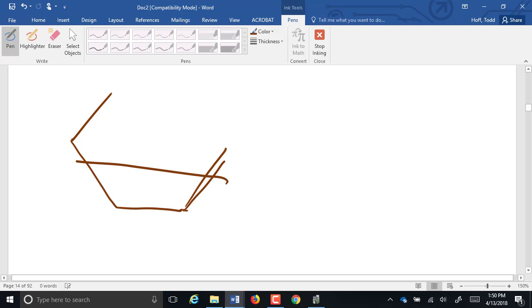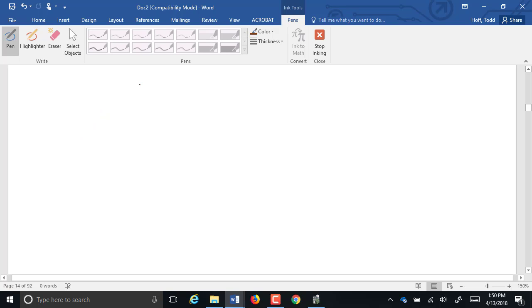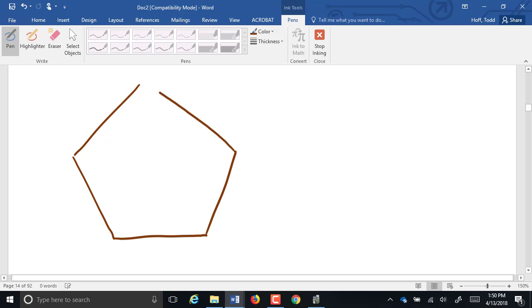I hope I can get it drawn right. One of these days I've got to work on my artistic ability. There. Let's say this is 18 feet on a side. Find its area. Assume it's regular.